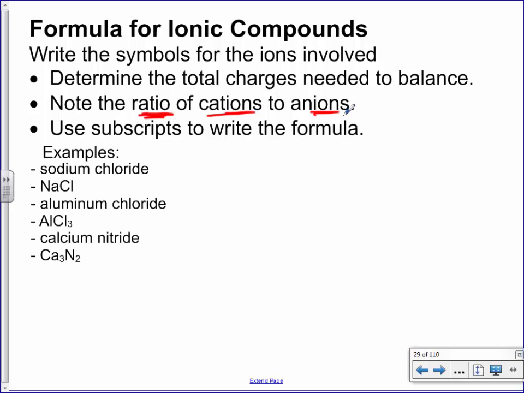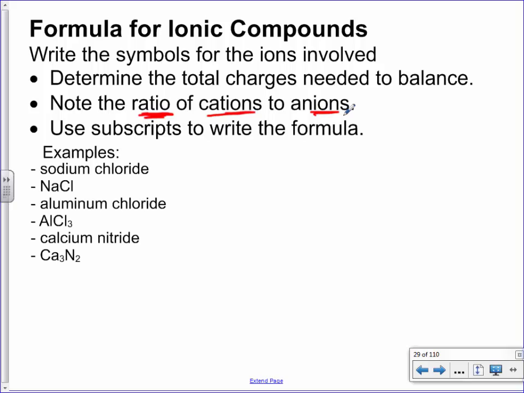If you have a sodium and a chlorine, one is a -1 and one is a +1. You just need one of each. Does that make sense?